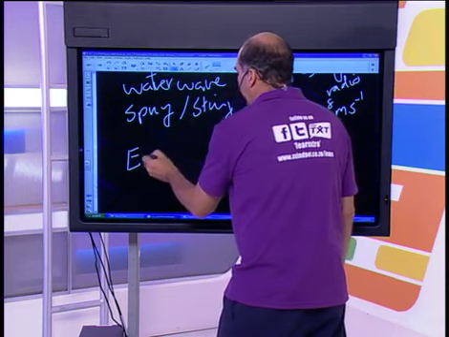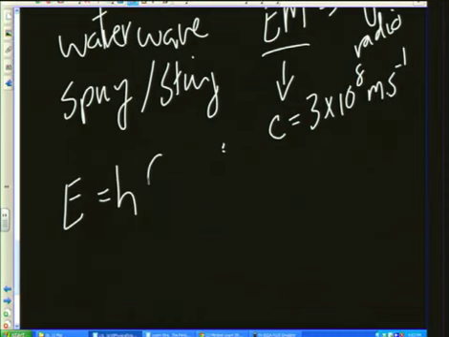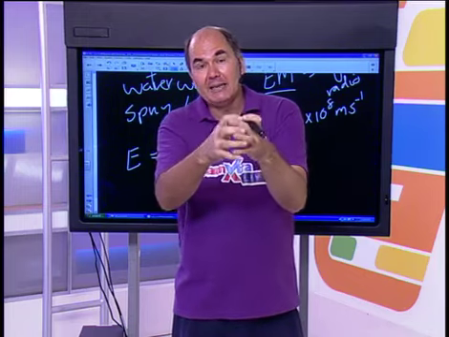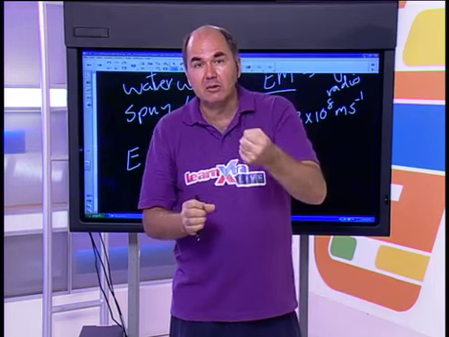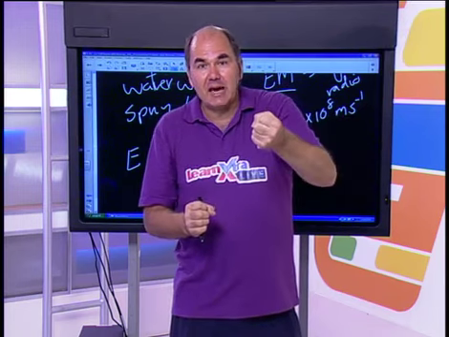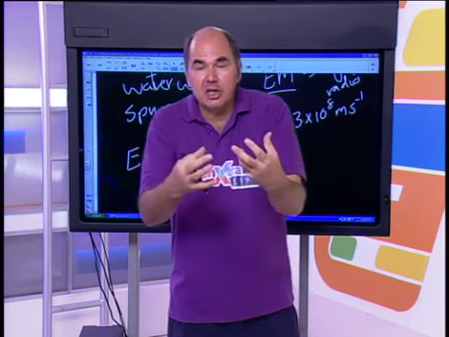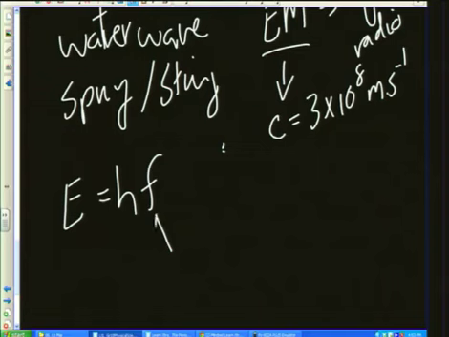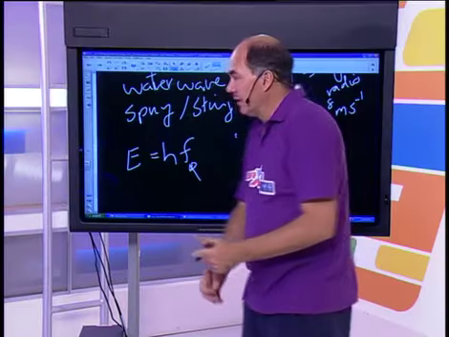Without getting into too much detail, a photon is a particle of light or a packet of light energy that Einstein proposed, and it has energy related to its frequency. The frequency is the number of vibrations per second.